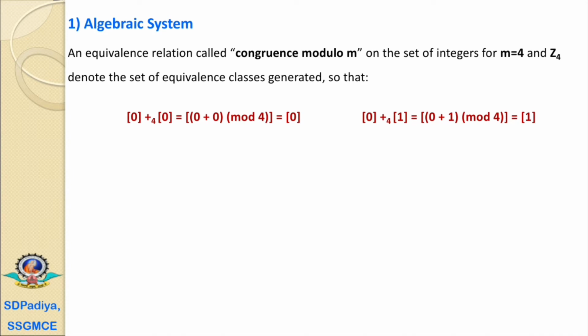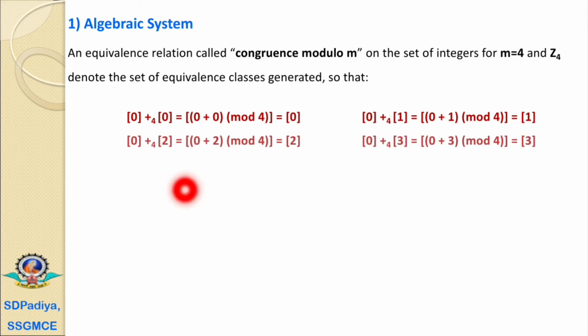So class 0 plus 4 class 0, that is I plus J, is 0 plus 0 is 0, 0 mod 4 is equal to 0. 0 plus 4 1, that is 0 plus 1 is 1, 1 mod 4 is 1. 0 plus 4 2, that is 0 plus 2 is 2, and 2 mod 4 is 2. 0 plus 4 3, that is 0 plus 3 is 3, and 3 mod 4 is equal to 3. That is for the first row.